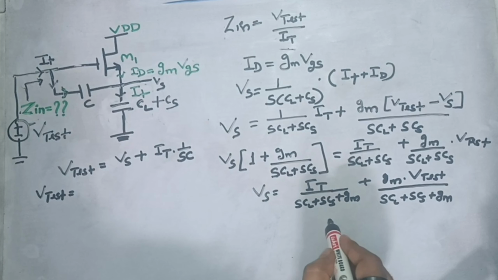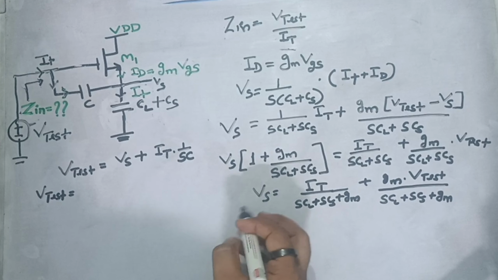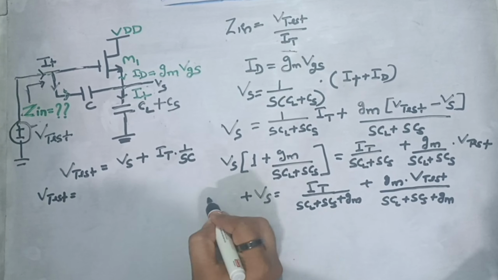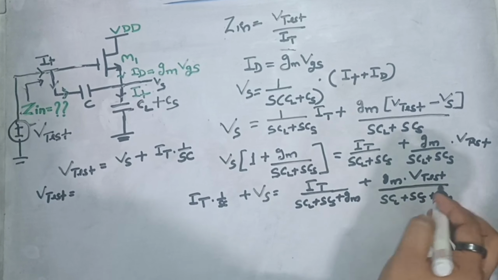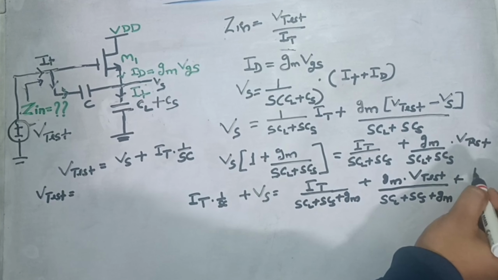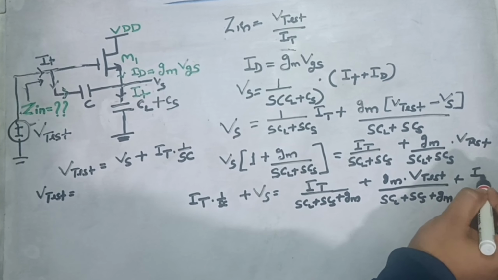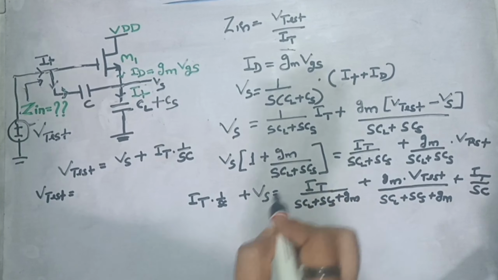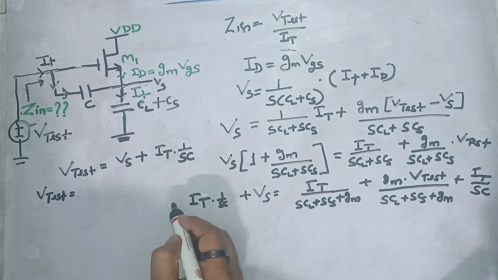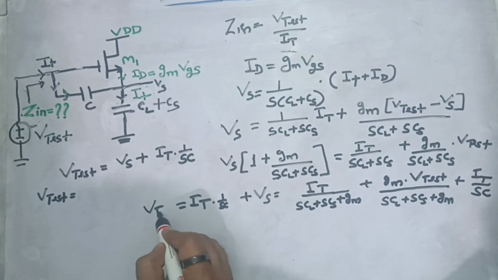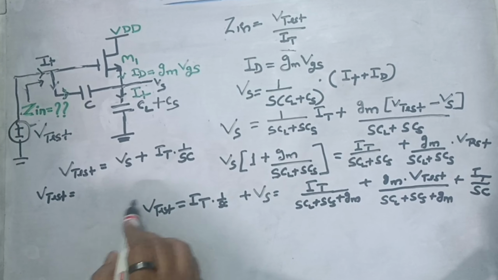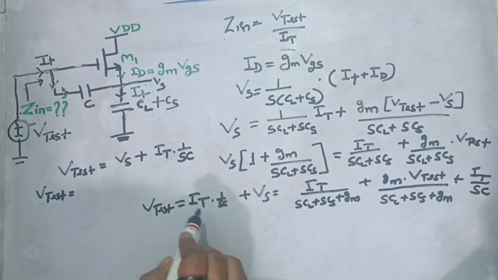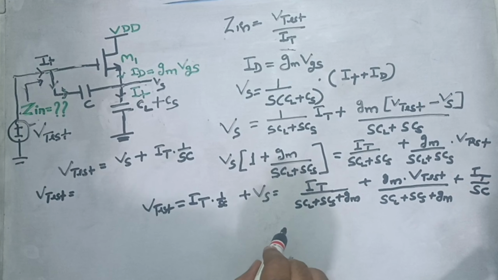So Vs we already have here. If I add the IT into 1 upon SC parameter here in this equation, so I can write I test divided by SC, right? This would be equal to V test. So instead of rewriting it again, I have just added the parameter value here so that we can find the exact value.